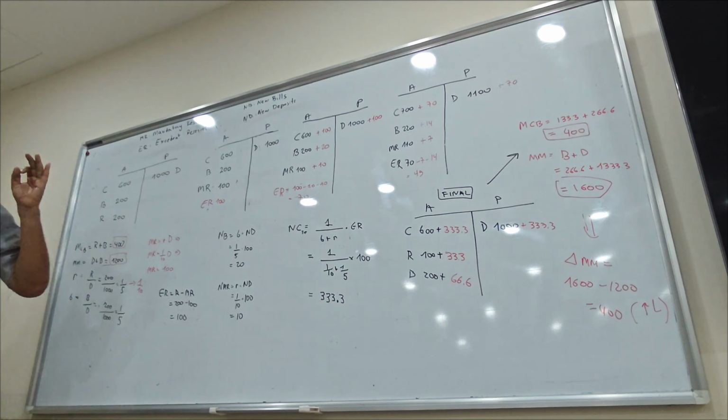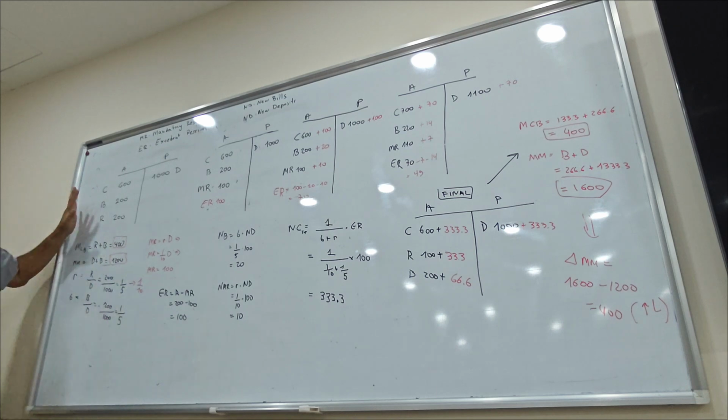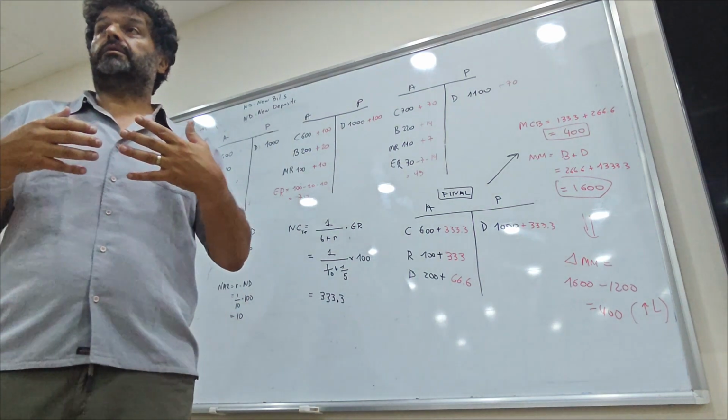So what I suggest is when it's not clear, you say stop, explain again, so we know where the problems are, okay? Let's start from the beginning. What you have here is the accounts of all the commercial banks at the central bank.